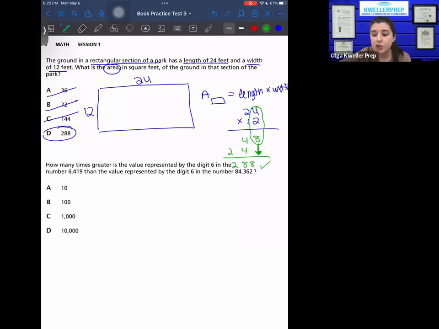And with estimation and that rule, you basically know 100% that choice D is the answer. Even if they had another option that was 284 or 287, which is really close and you wouldn't be able to estimate it, I know that my answer has to end with an 8. So I know that's the answer for sure. I don't have to spend my time. But absolutely, this is how you would multiply it out if you wanted to.